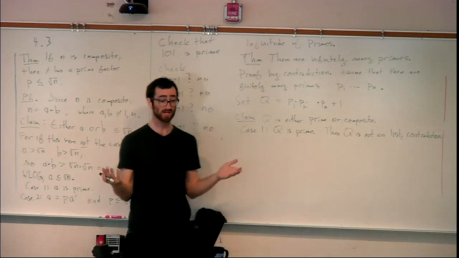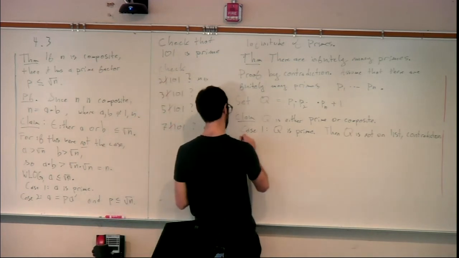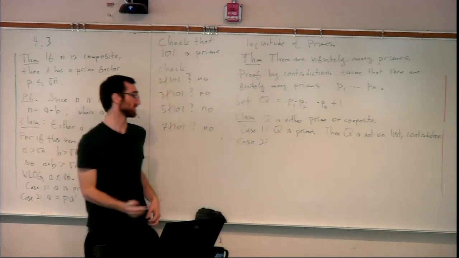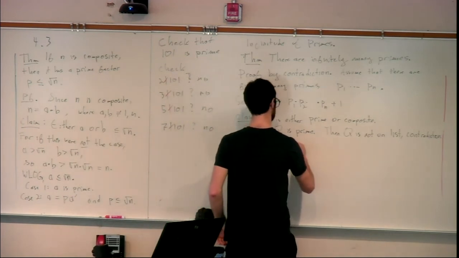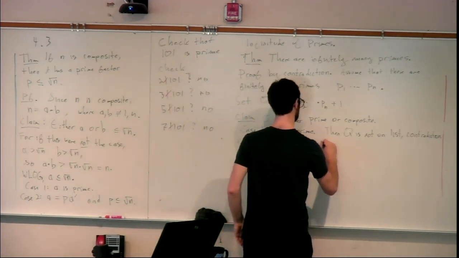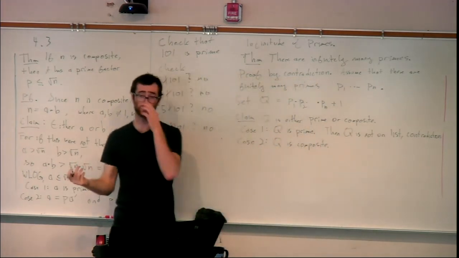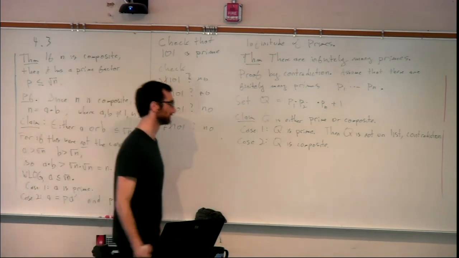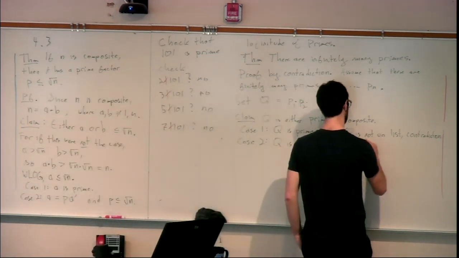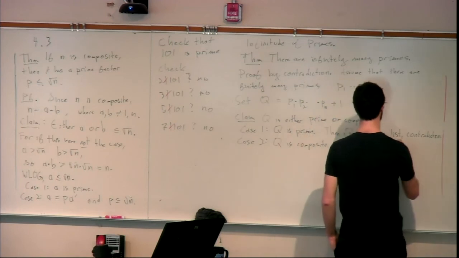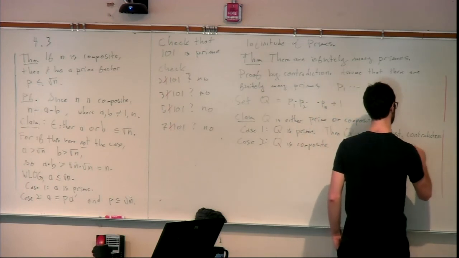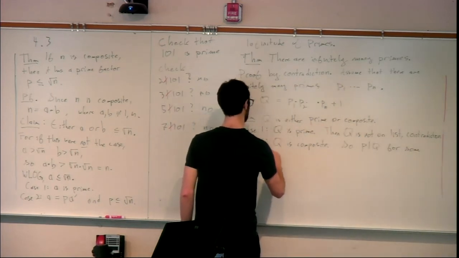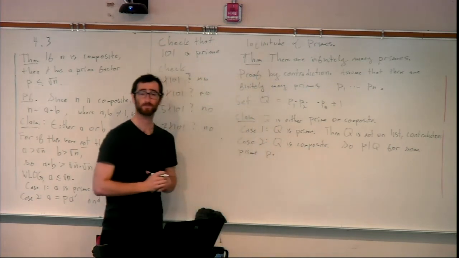Now, it's not necessarily the case that Q needs to be prime. The second case, case 2, says Q is composite. Well, if Q is composite, that means there must exist some prime P which divides Q. So P divides Q for some prime P. Okay?